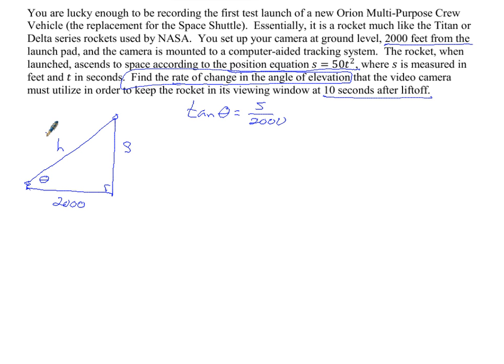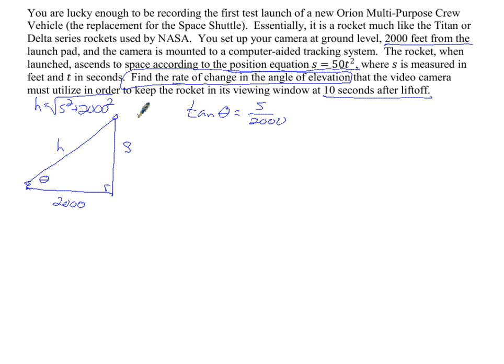So the hypotenuse in this case is h for hypotenuse equals, square root, you could go s squared plus 2,000 squared. Okay? I've just saved us from having to write the second step.